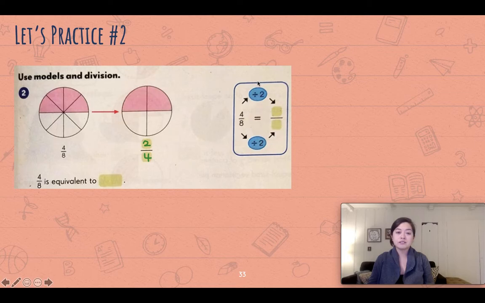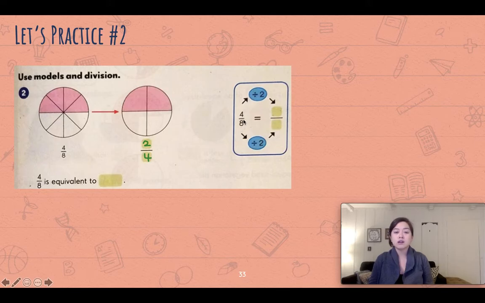Let's do it by division now. This showed an equivalent fraction with the model. Let's show an equivalent fraction with division. Okay, now we have 4/8. Let's divide the numerator and denominator by the same number. It has to be by the same number to show equivalent fractions.